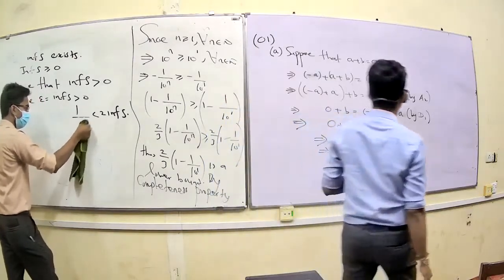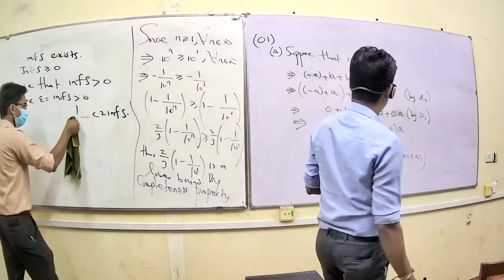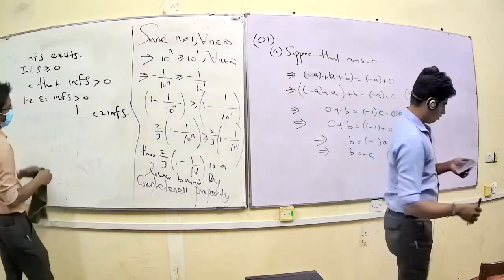Second part is based on minus into minus a equal to a. Right. Minus into minus a equal to a.